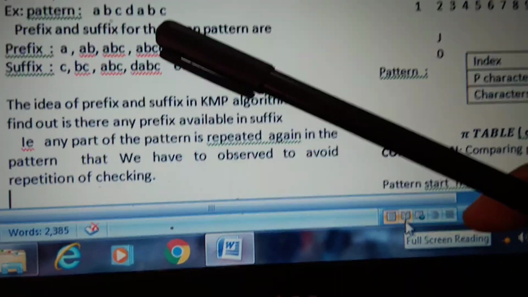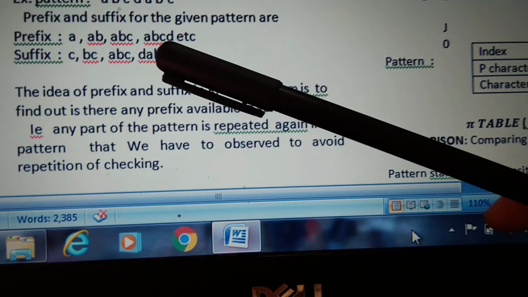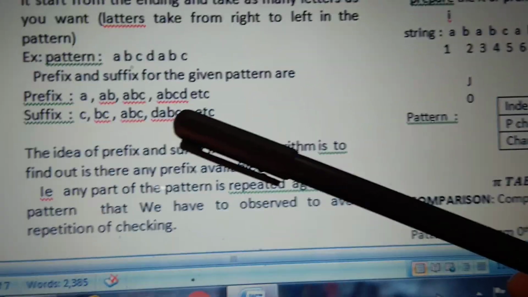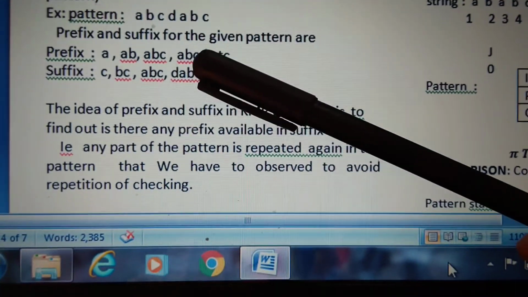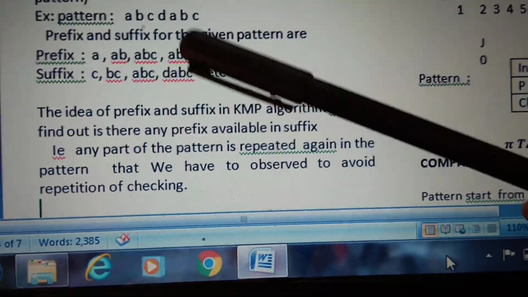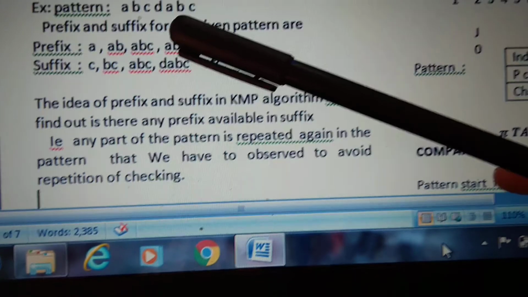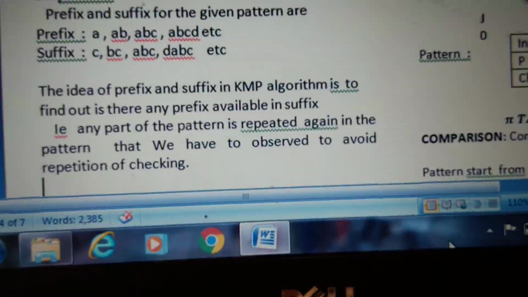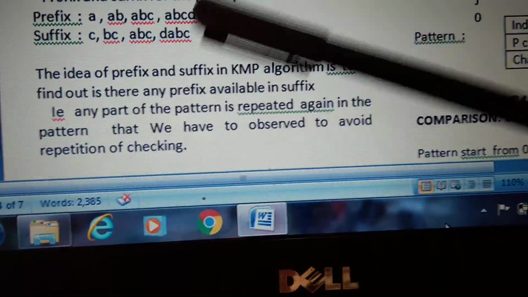So what we are trying to do in this KMP string matching concept is, for the given pattern, identify whether there is any repetition in the pattern, so that the repetition cannot be matched once again. That is the main concept.